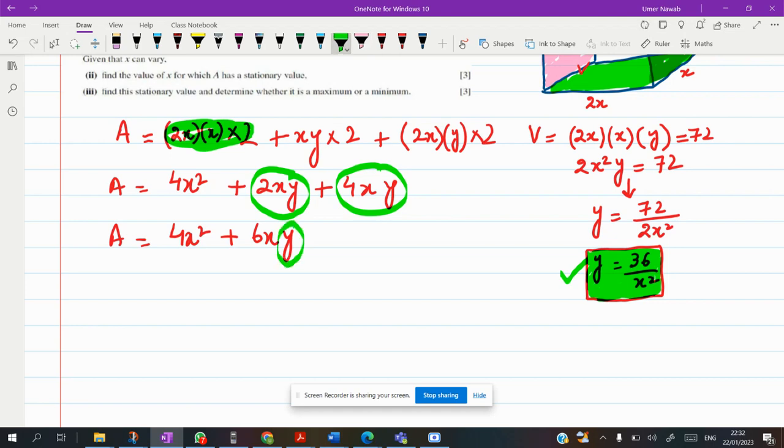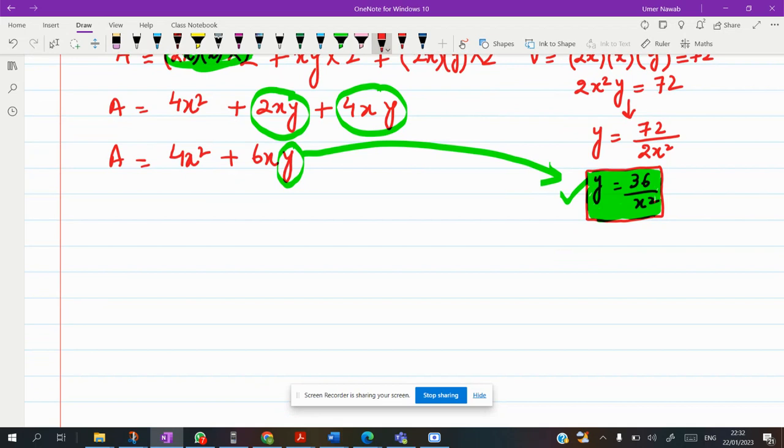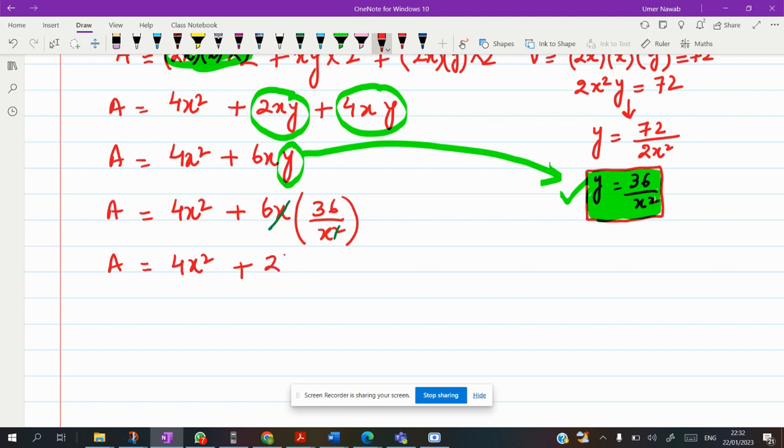Now in the place of y, you are going to substitute the value of y. So A is equals to 4x squared plus 6x, and in the place of y I'm writing 36 over x squared. Now I'm going to cancel x with the x squared. What I will get, A is equals to 4x squared plus 6 times 36 is 216 over x.